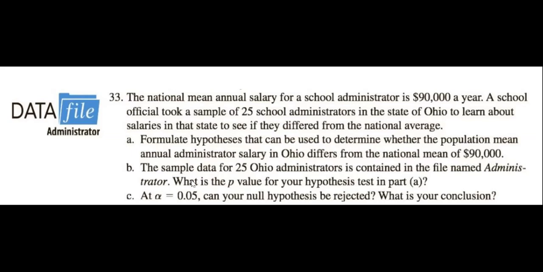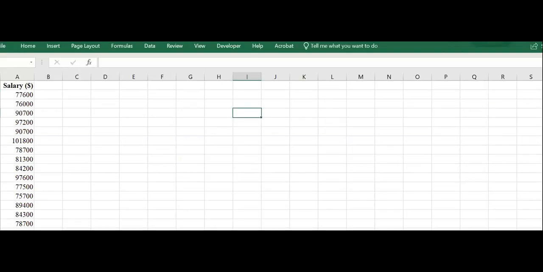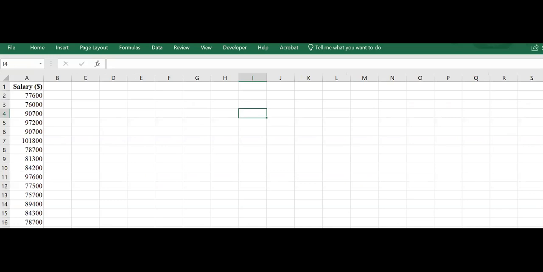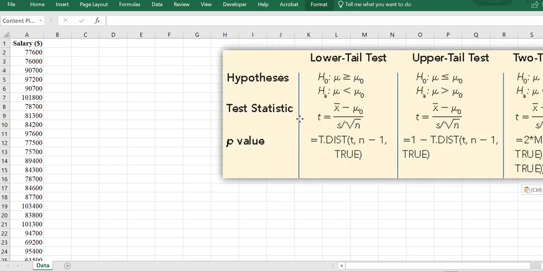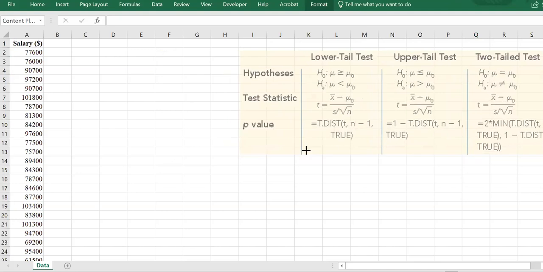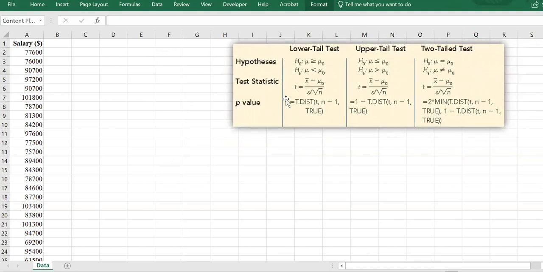Then the question asks us to find the p-value, and based on the p-value, make a conclusion. Here I have data file administrator. So here we have the sample. I'm going to paste this, which shows us the test statistic.